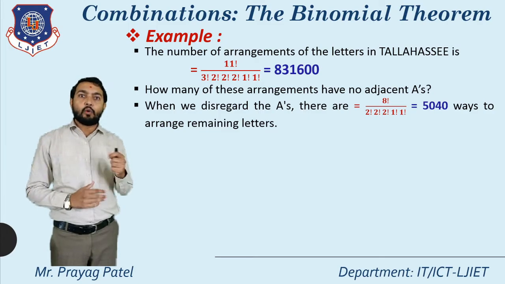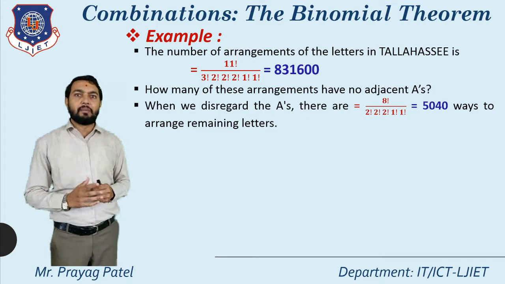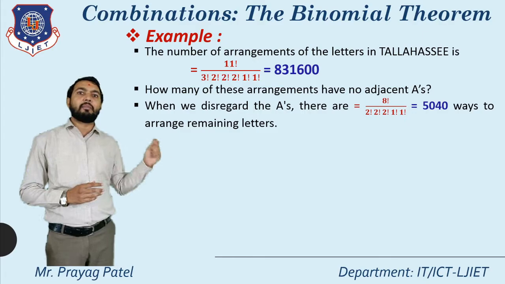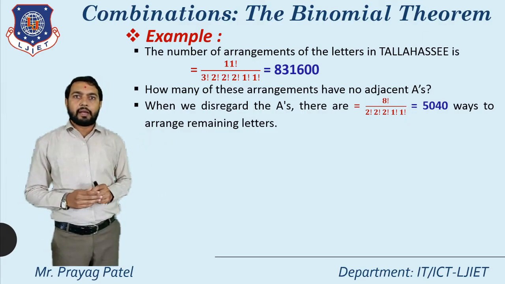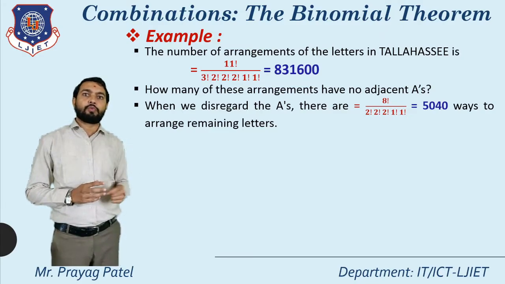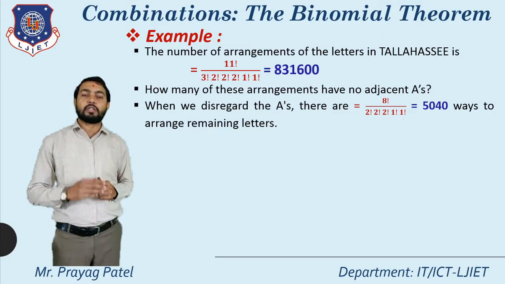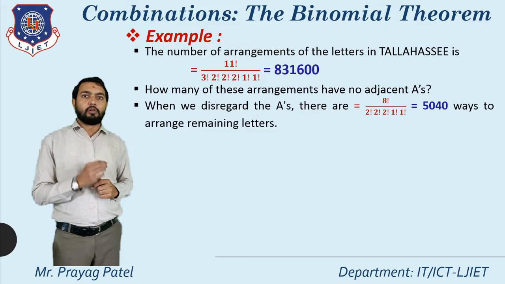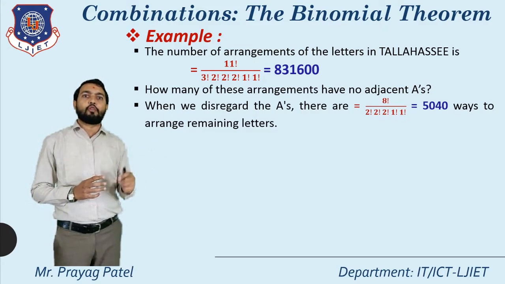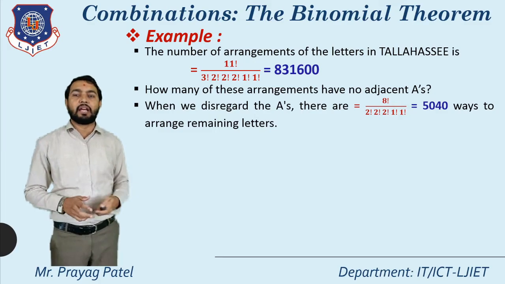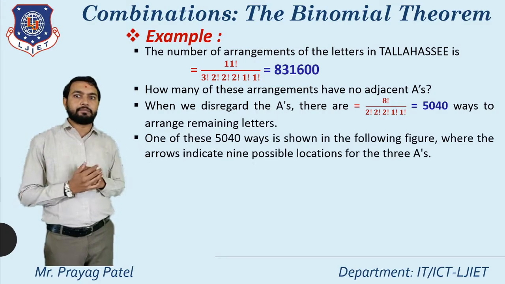Without A, how many possibilities are there for the remaining elements? It is 8 factorial divided by 2 factorial, 2 factorial, 2 factorial, 1 factorial, 1 factorial, because we remove the 3 from the denominator and from the numerator. So the answer is 5040 ways to arrange the remaining letters without A.